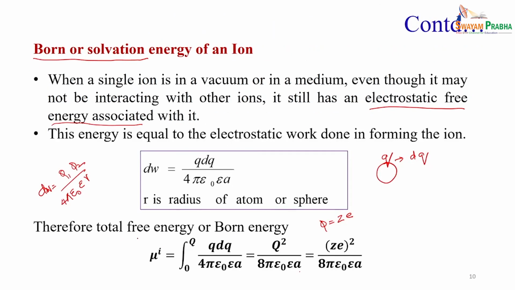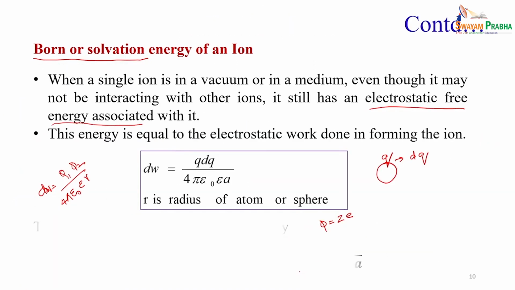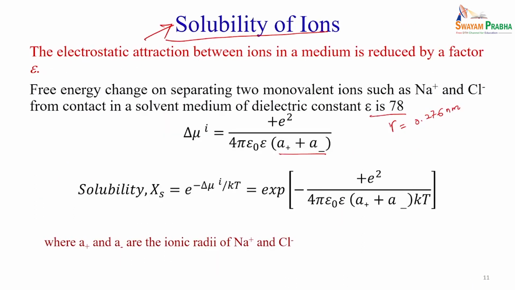So, the total free energy or Born energy we can write as Z1 Z2 e square upon 4 pi epsilon naught epsilon r. Now, here we are considering a medium whose dielectric constant is 78. 78 means it is water. We are considering it in water.